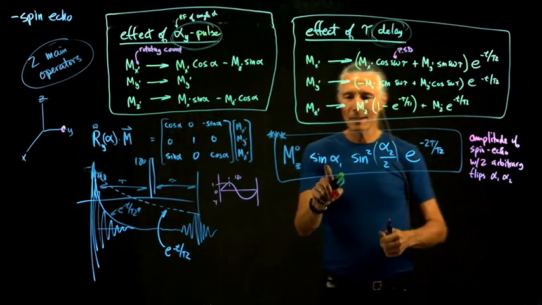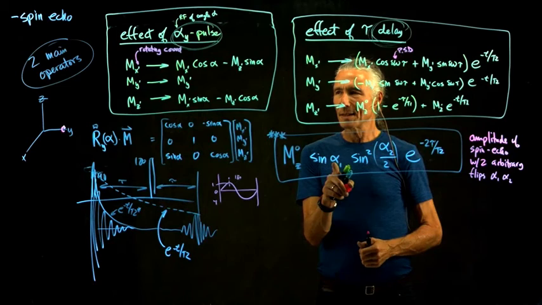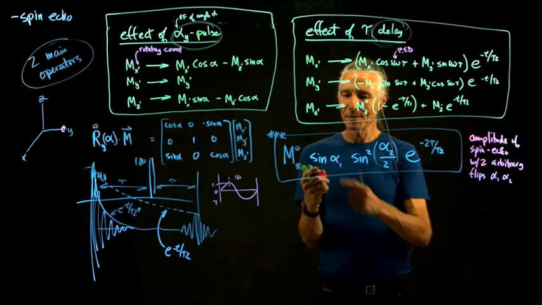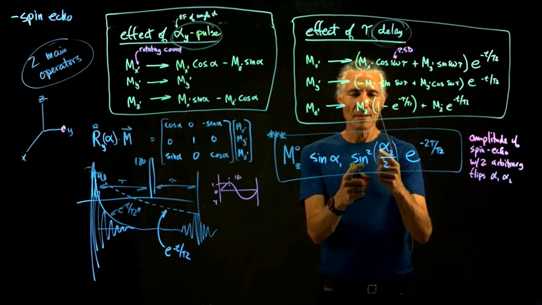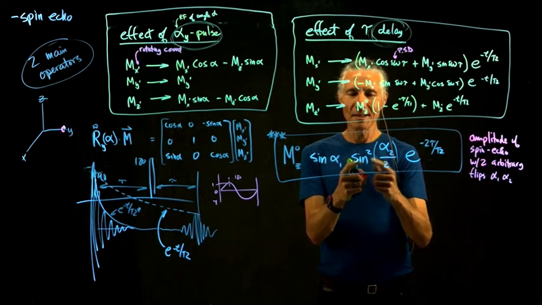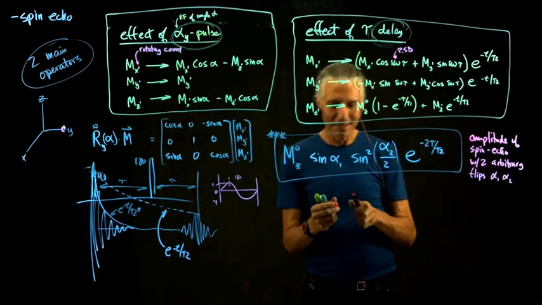So if we take this equation, if the first flip is 90, the sine of 90 is 1, so we got rid of the sine. And then the second flip is 180, well, 180 divided by 2 is 90. The sine of 90 is 1, so all the sines disappear.